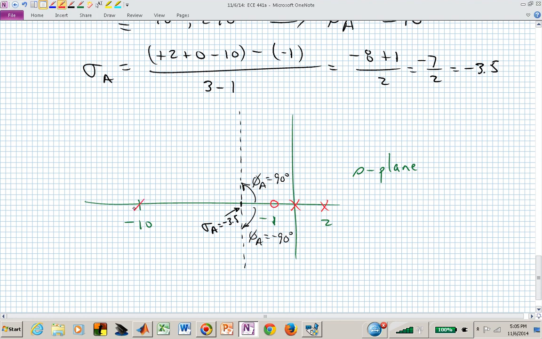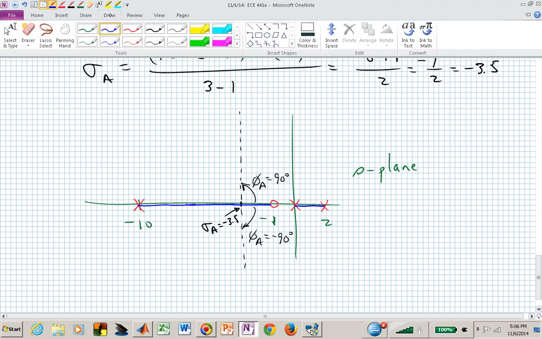I have my third pole at -10. I have a segment there, and I have another segment there of my root locus. And now I know where my root locus approaches as k gets bigger. So 2 branches are going to go towards those dashed lines that are indicated in that diagram.